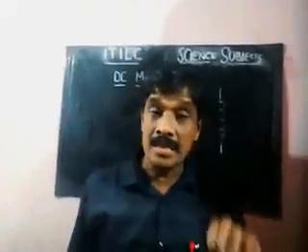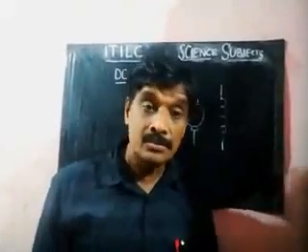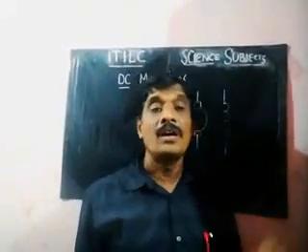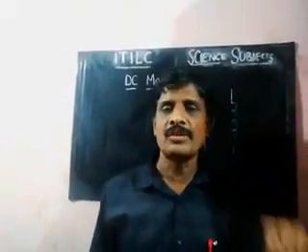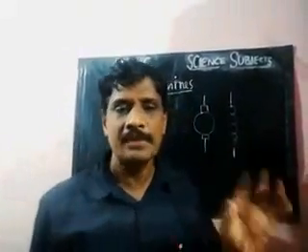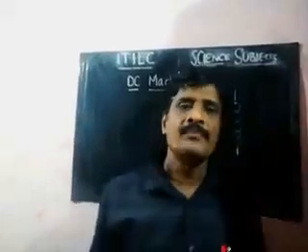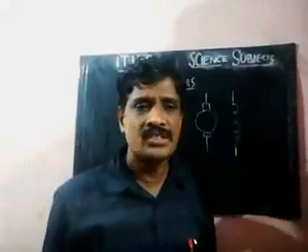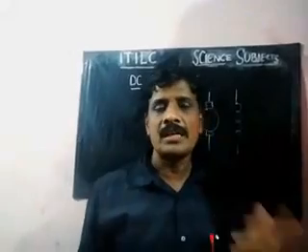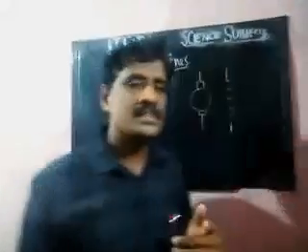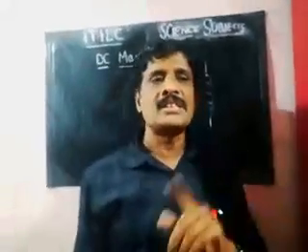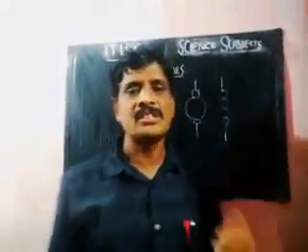According to Joule's law, the quantity of heat produced Q is equal to I squared R times time in seconds. In 1 second, I squared R means 100 into 100 into 2 ohms, that is 10,000 into 2, which means 20,000 joule immediately.